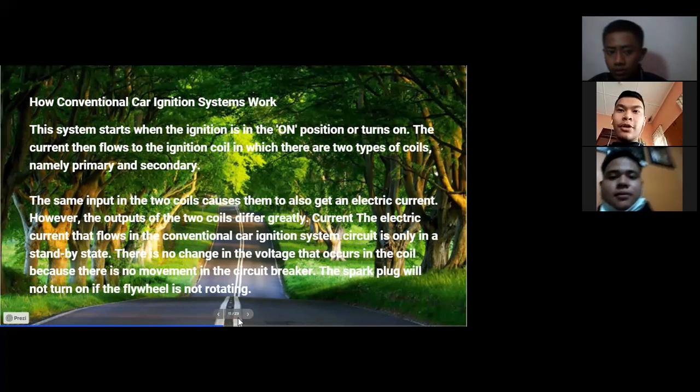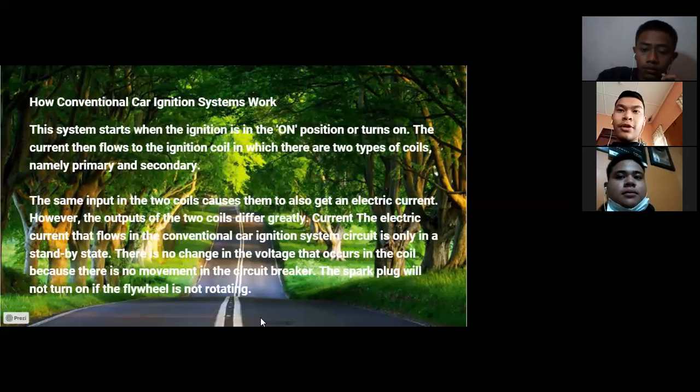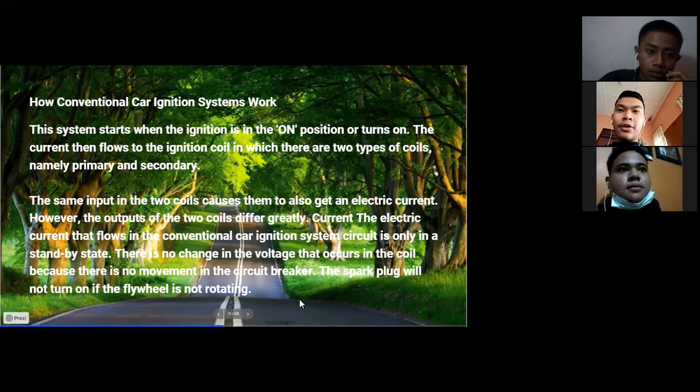How a conventional car ignition system works. The system starts when the ignition is in the on position, or turned on. The current flows to the ignition coil, in which there are two types of coils, namely primary and secondary. The same input to the two coils causes them to also get the electric current.